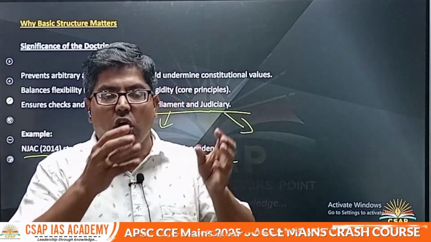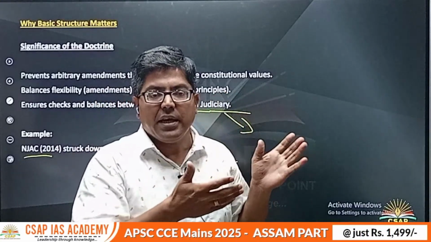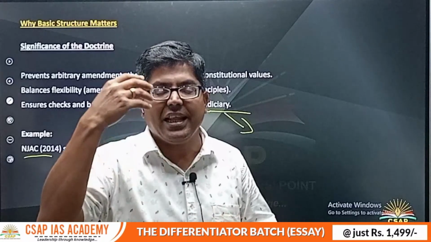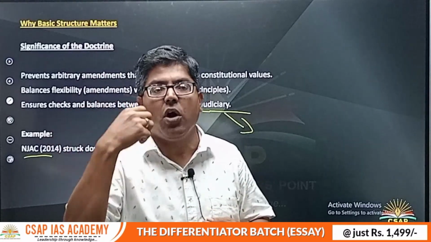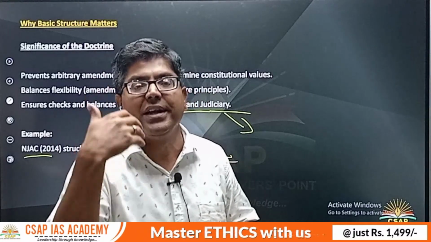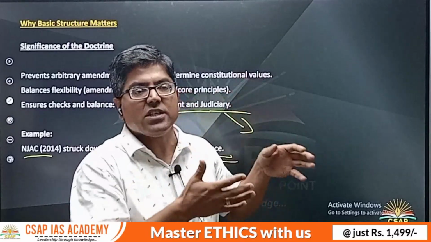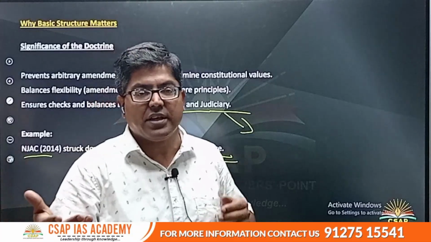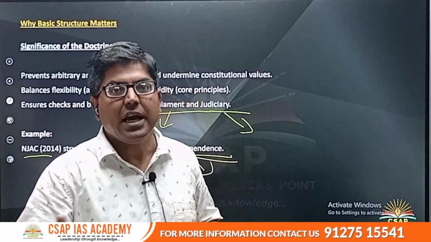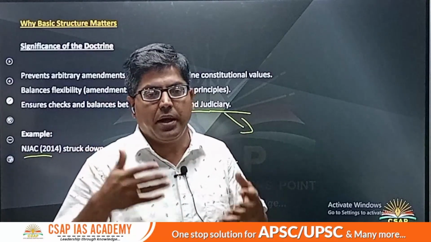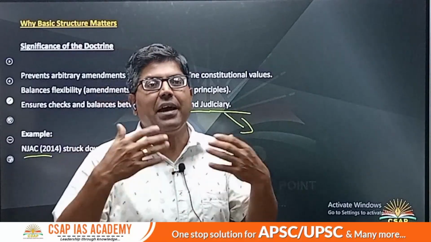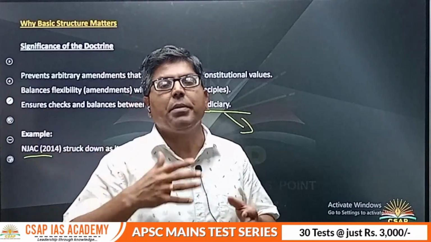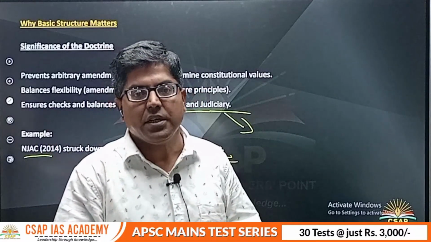Whether we are talking about this theme only from a legal perspective or from the point of view of a political scientist, or whether these things are also linked with other topics like society, for example, or economy, right? How constitutional amendments play an important role vis-a-vis the economic development of the country, right?